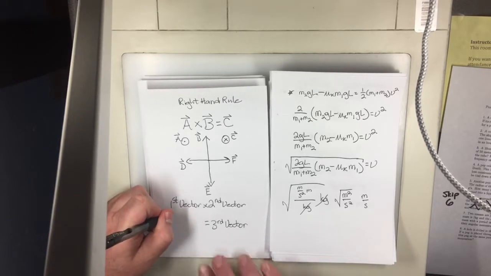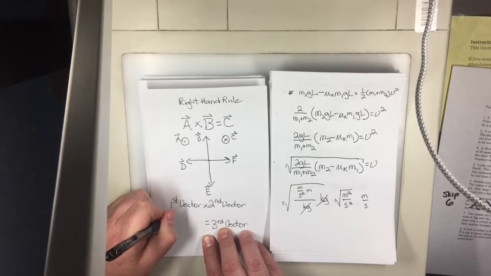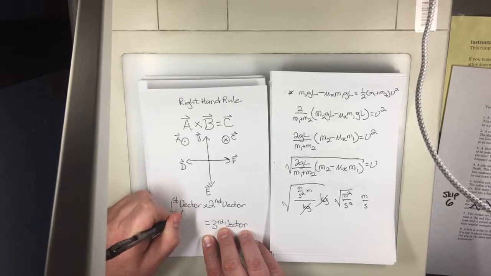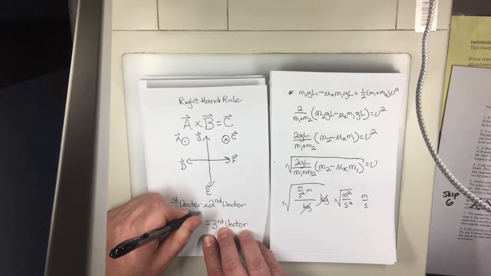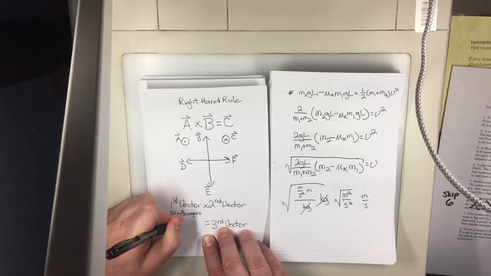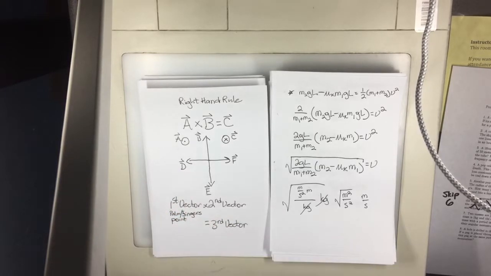The first vector, palm and fingers point in the first vector's direction. So notice with the first vector, in fact, the way that even I do it, the fingers, palm, and forearm are all in line, the whole thing.